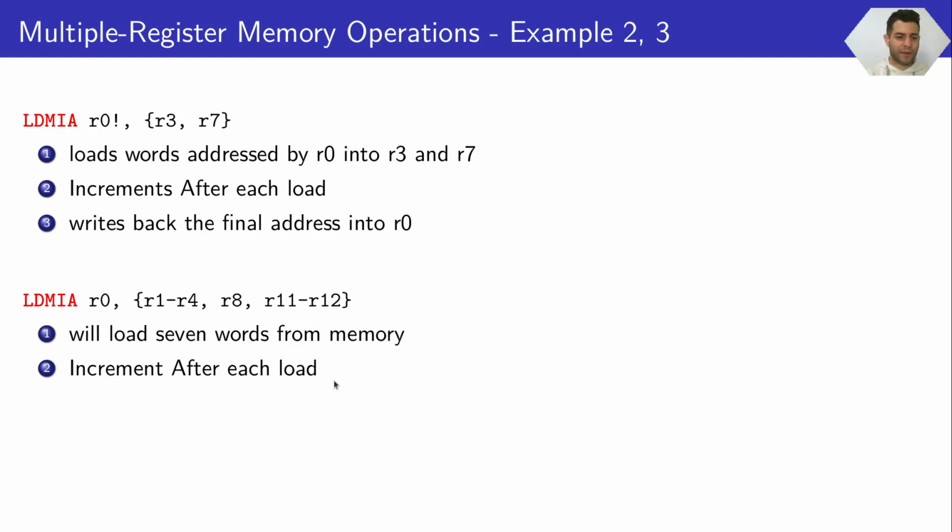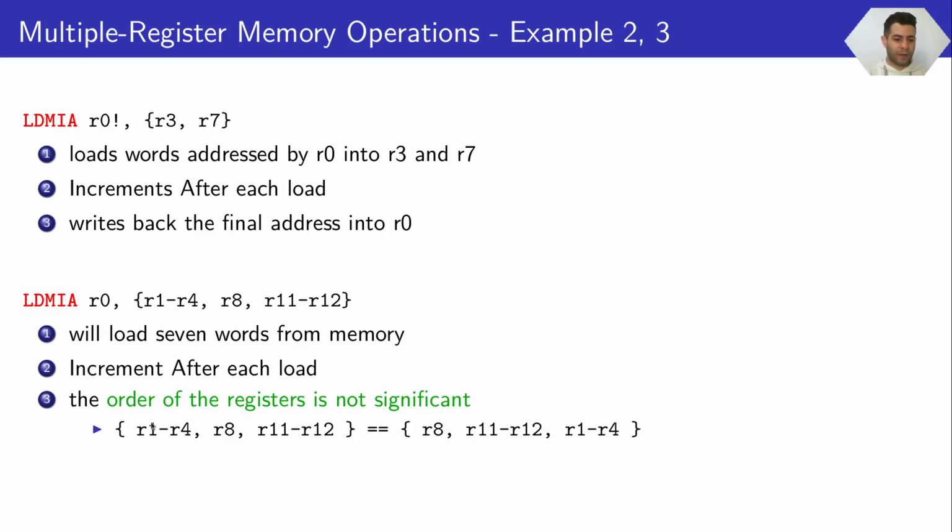But please keep in mind that when you write an instruction like that, the order of the registers is not significant. So writing it in this way or the other way back, it doesn't matter. The final instruction that is going to be generated is this one.